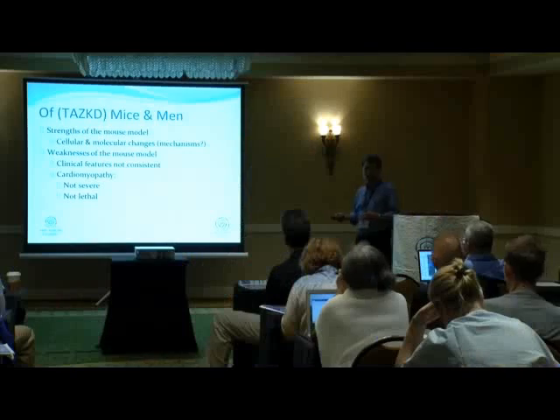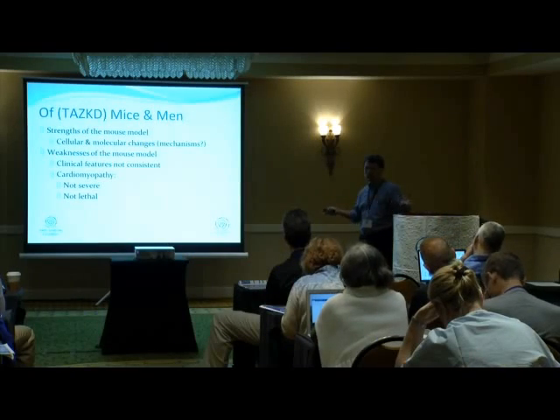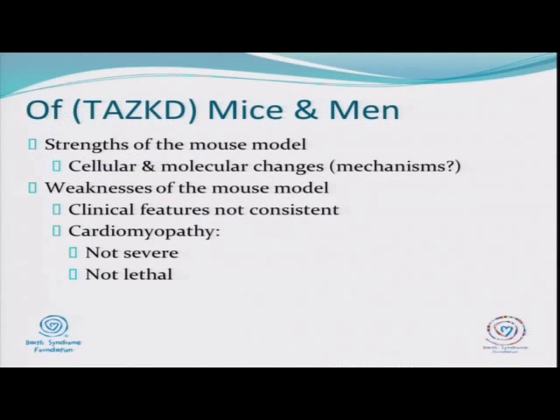They don't kill these mice. Gets back to Adam's point that they survive, they have a normal longevity. And so the strengths of the mouse model seem to be, right, we've heard the data over and over again, the cellular and molecular changes seem to be very consistent. The lipid changes, oxygen consumption, things like metabolics, they seem to be very consistent.